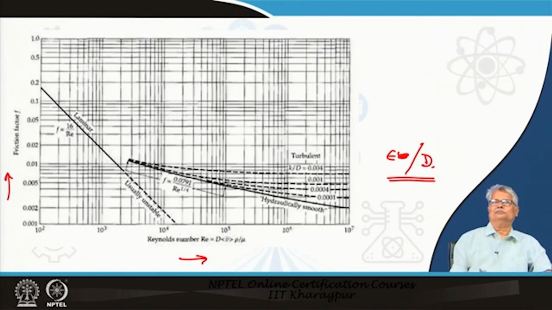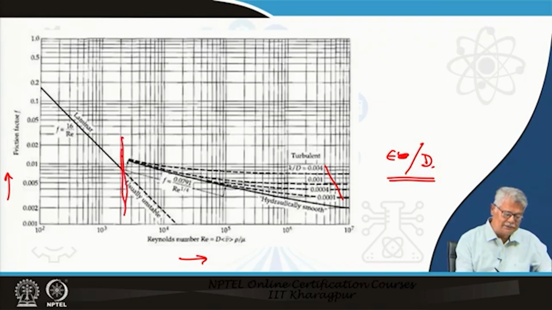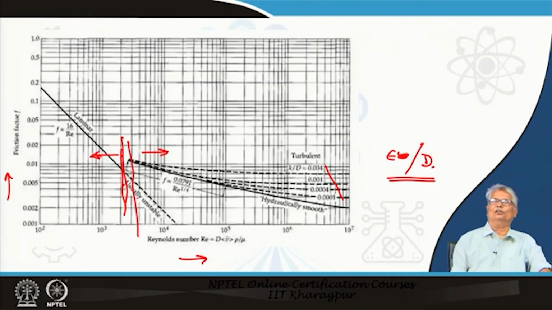K is basically the height of the roughness, so this is a non-dimensional parameter. Up to a Reynolds number of this limit it is laminar, beyond this it is turbulent, and in between, this part is already covered in your fluid mechanics course. So we will not go into the details, but you definitely will be needing this chart in your design.